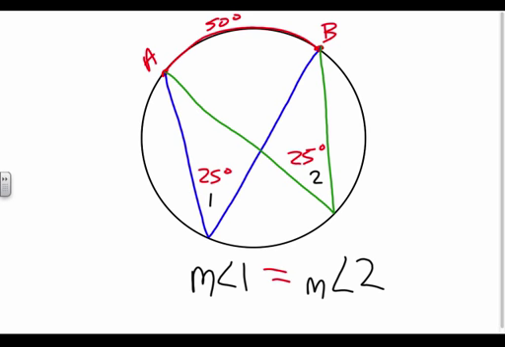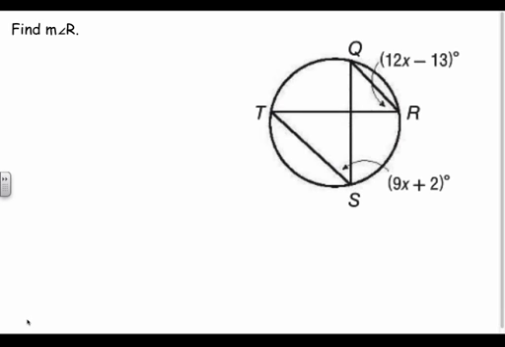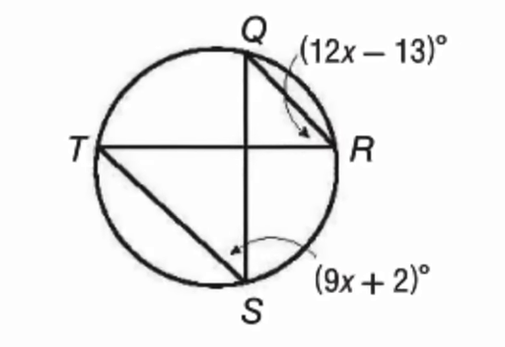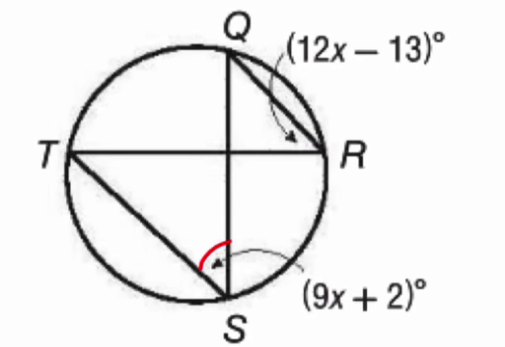So let's use that information here. Sometimes it takes a little bit to look closely to figure out what you're trying to do. So for example, here I'm trying to find measure of angle R. So don't forget that they're actually finding an angle measure, not just x. But if I look, I'm given information about these two angles. So what I usually do when I'm given that, I try to find out, well, those angles, let me see if I know anything about the arcs that they intercept.